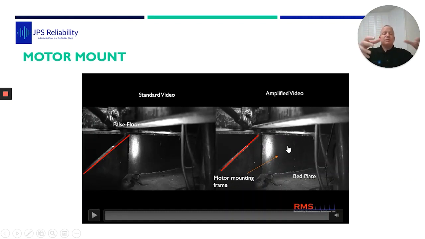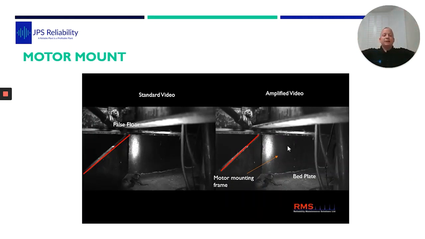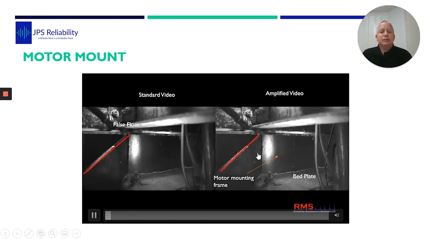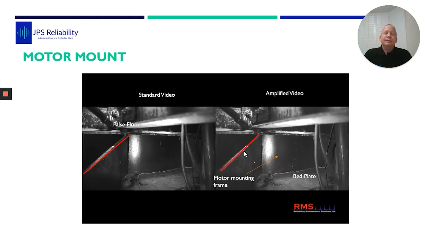That's the big round flange, motor, and your bed plate. You can see there that bed plate is just twisting. And what was great was that the frequency of motion we got with MA was bang on to the VA.